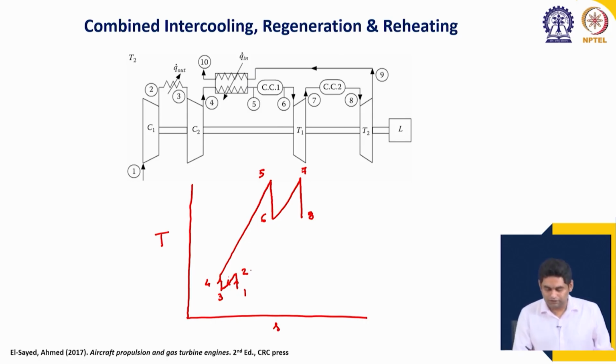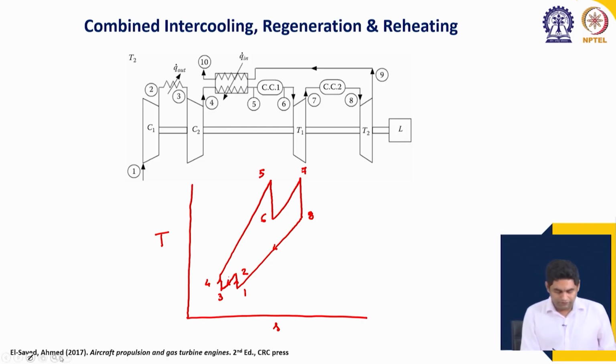Then we closed the cycle by adding the hypothetical cooling process, the constant pressure heat removal process going from 8 to 1. So, this was the cycle we studied in our previous class for combined intercooling and reheating.